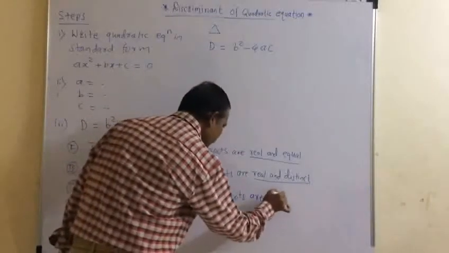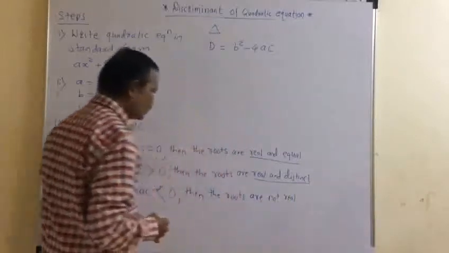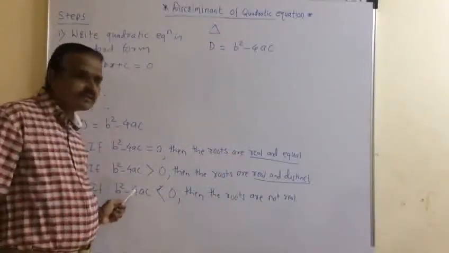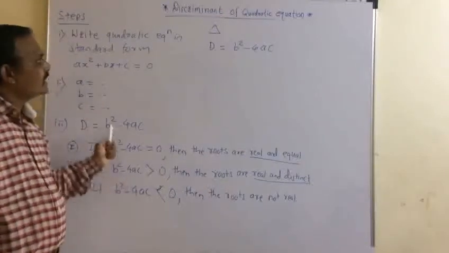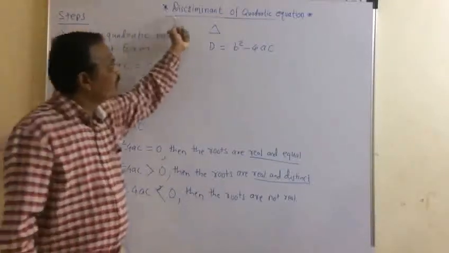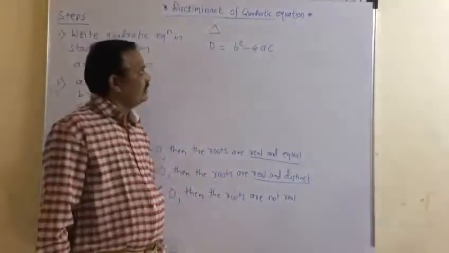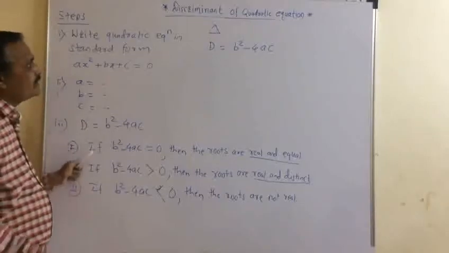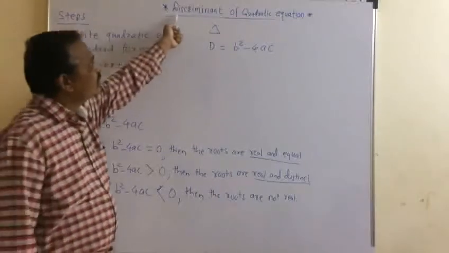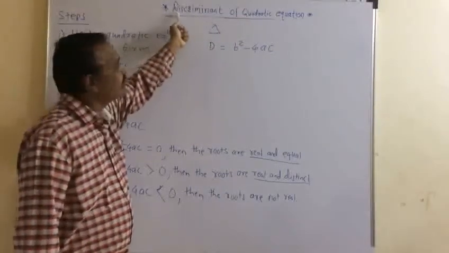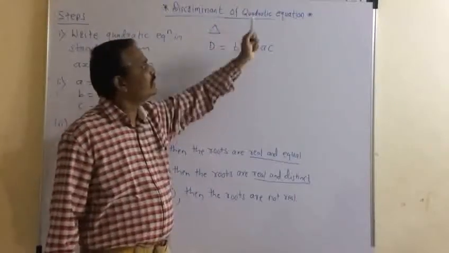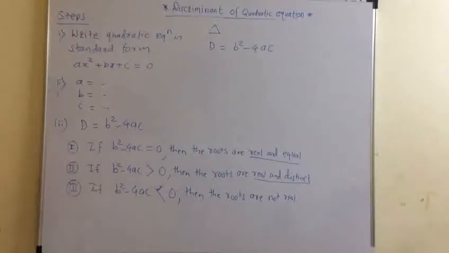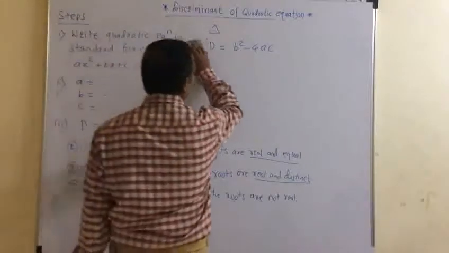So by using these steps, students can easily determine the nature of the roots of the quadratic equation. We get some idea about the role of the discriminant. Now we take some important examples for better understanding.